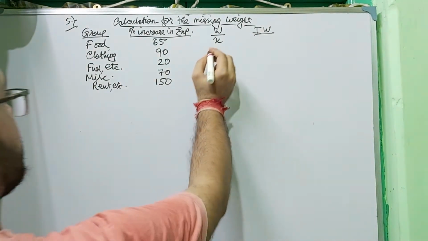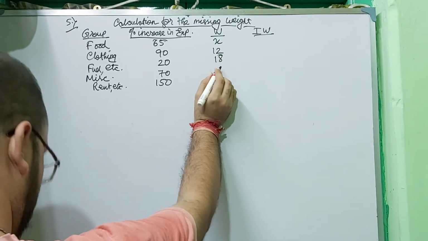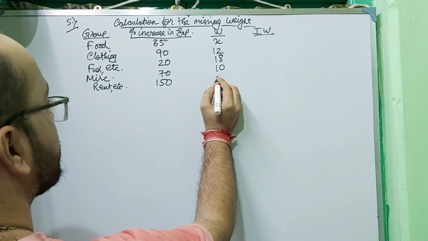Nothing is given for it, so it's 12, 18, which is 30, plus 10, 40, plus 20, 60.